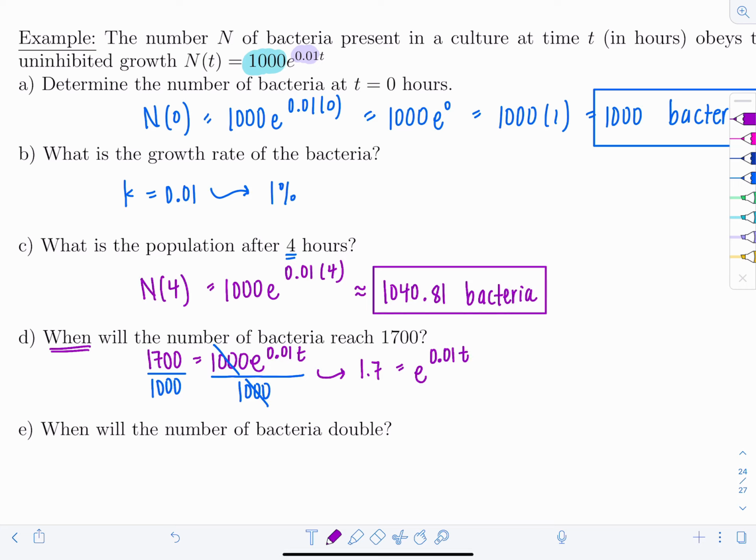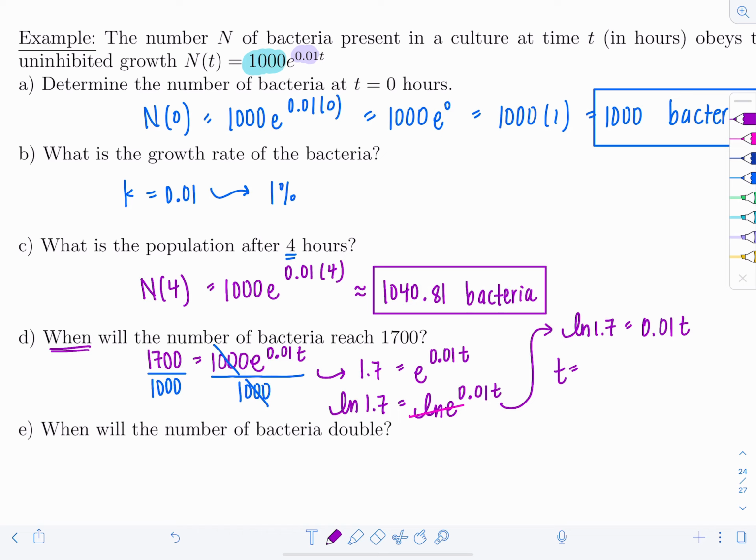From here I can just take the natural log of both sides. So I have natural log of 1.7 equals natural log of e to the 0.01 t. But then remember, natural log of e just cancels out. So all I have is 0.01 t. I'll continue it here. ln of 1.7 equals 0.01 t.